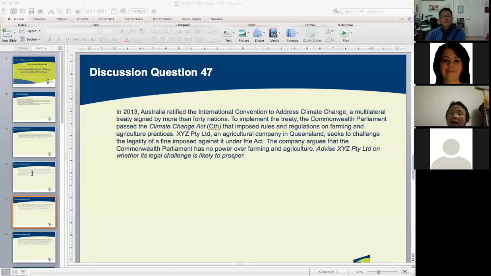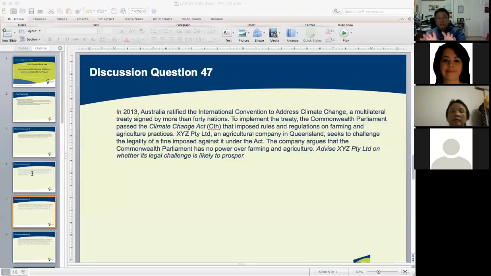Because it was talking about the heritage things that Australia signed with the international world. You're talking about the Tasmanian Dam case. Yeah, I'm talking about the Tasmanian Dam case. And in relation to the problem here, how can you justify the use of the external affairs power if the specific law is about farming and agriculture, which is not about climate change?